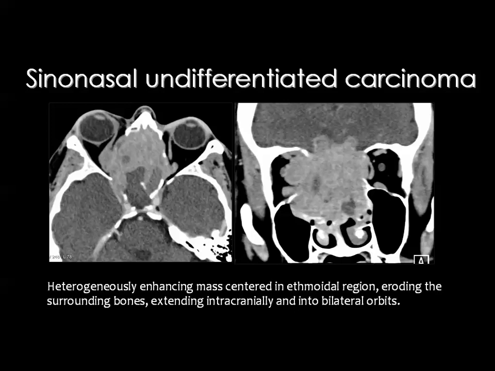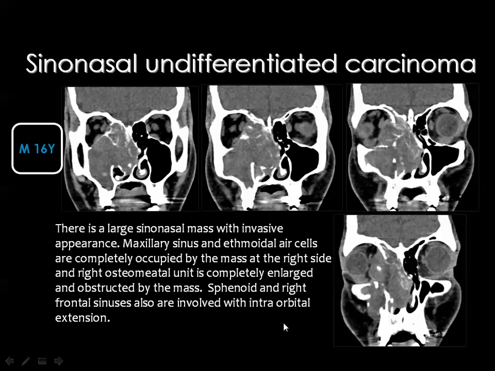To start with, we have to consider this lesion as one of four. Number one, carcinoma. Number two, olfactory neuroblastoma. Number three, lymphoma. Number four, metastatic deposits. Then these are the common differential diagnoses for such a lesion centered in the ethmoids with some intracranial extension.